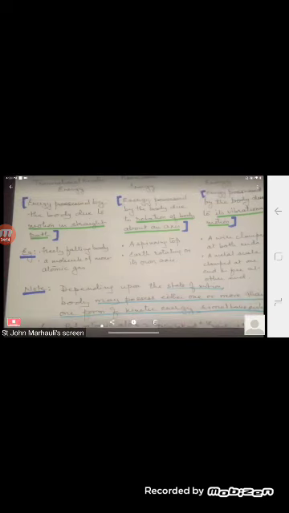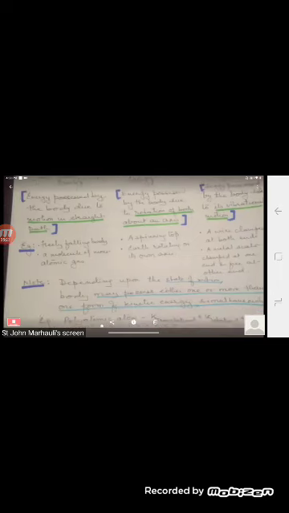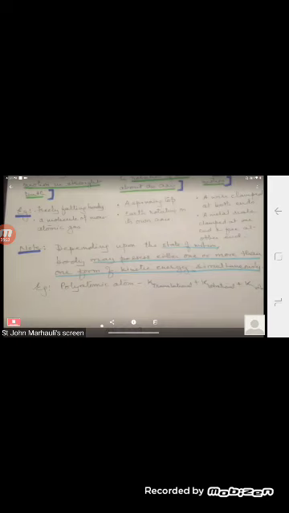Now keep in mind, although I have explained them separately, at a time a body may possess one, two, or all three types of kinetic energy. A body may be spinning and also going along a straight path, so it may have rotational and vibrational energy. Say for example, polyatomic molecules.